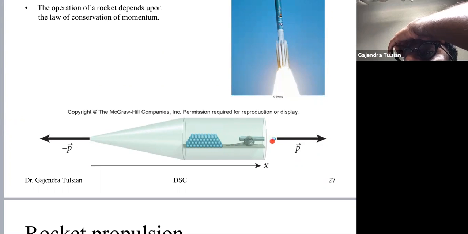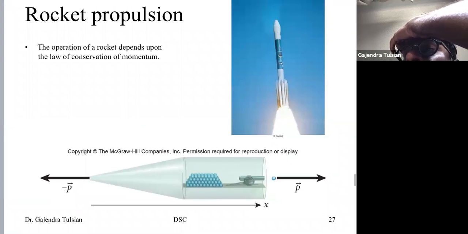Now when the cannon is fired, the cannonball has a momentum in that direction, so this object must recoil. It will recoil such that the total momenta is 0. You keep firing cannonballs, and your recoil velocity will keep increasing such that the total momentum of the system will be 0. And that is what is happening in a rocket.